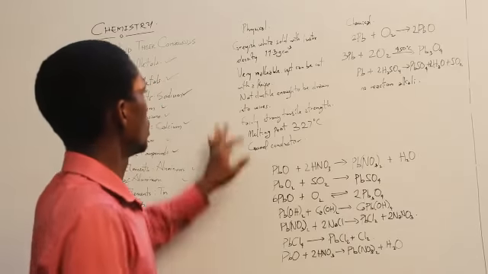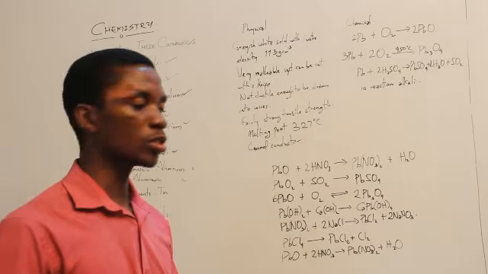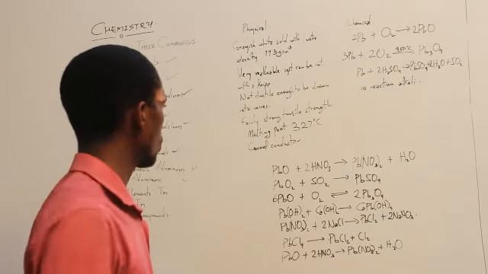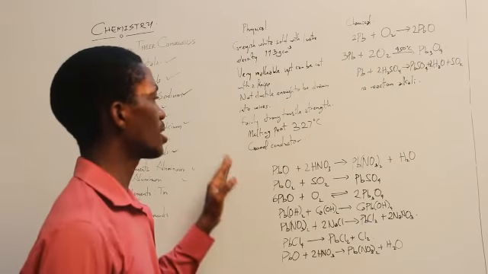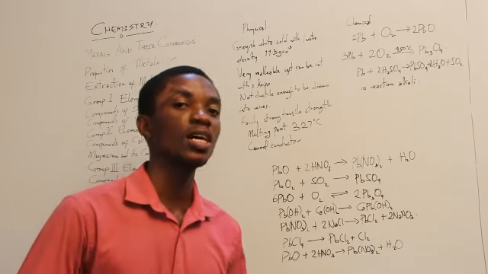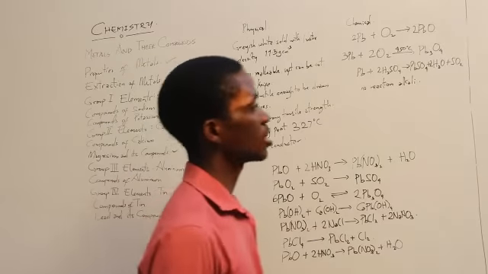It is ductile, but not ductile enough to be drawn into wires. When you pull it, it breaks. It has a fairly strong tensile strength, and it has a melting point of 327 degrees Celsius. It is a very good conductor of electricity and heat.